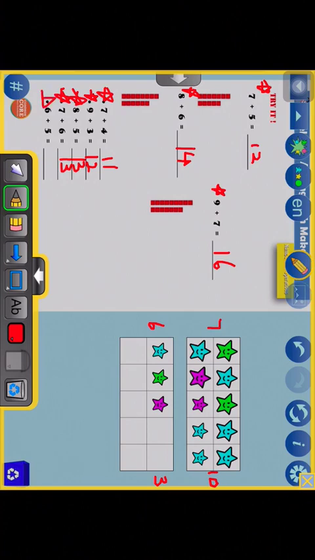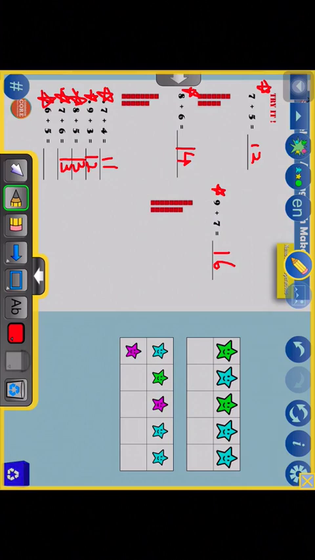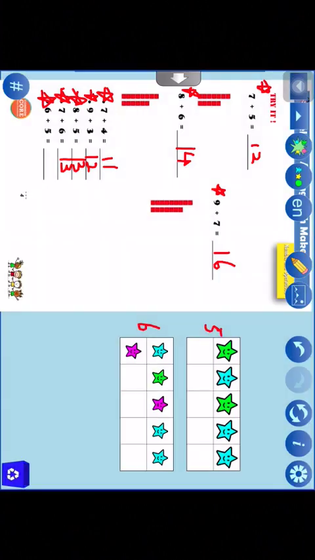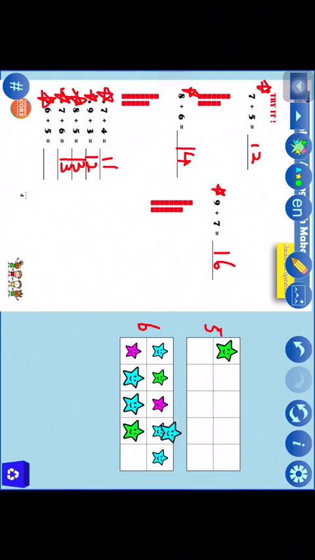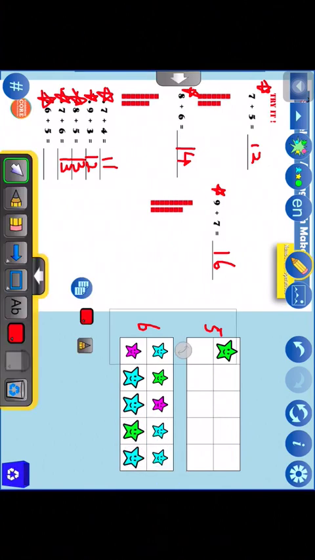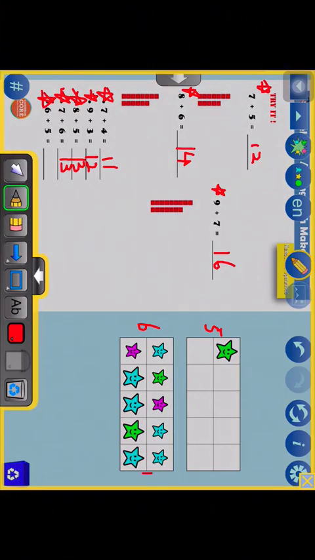Lastly, we have 6 plus 5. We may regroup by moving 4 stars from the top to the bottom to form 10 and 1, 11.